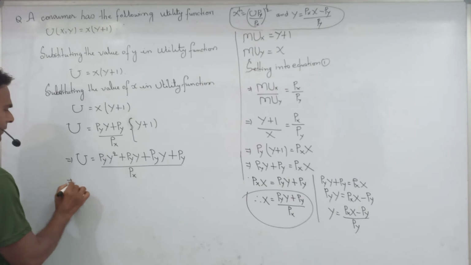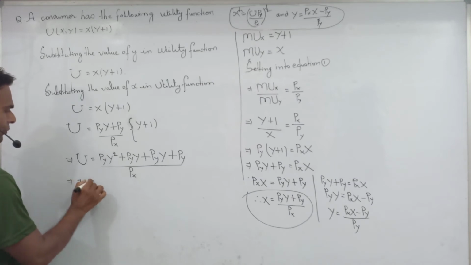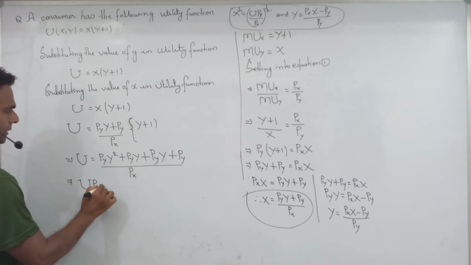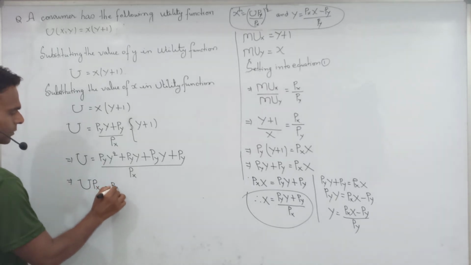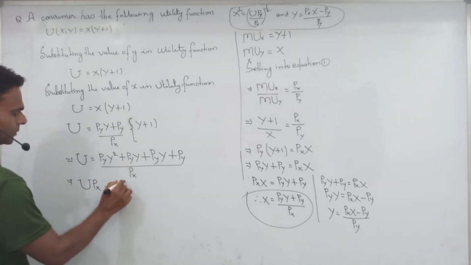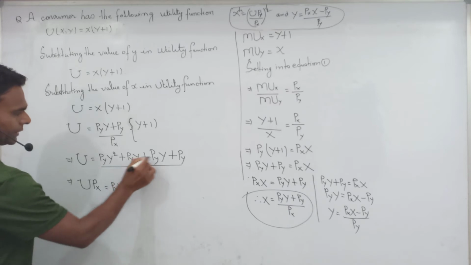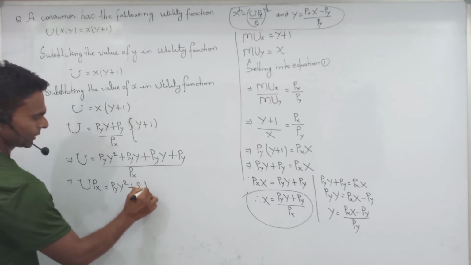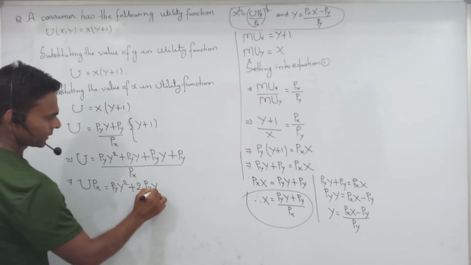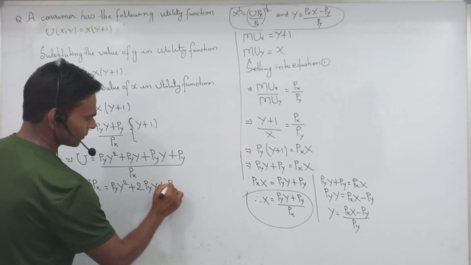Doing the cross multiplication, u price of x equal to price of y times y square, adding to this 2 times price of y times y plus price of y.